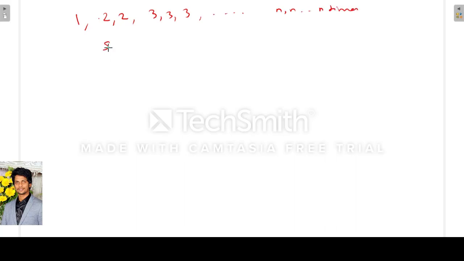First we have to find the sum. The sum is 1 plus 2 for 2 times, which is 4, plus 3 for 3 times, which is 9, and like that n for n times, so n square. This is nothing but the sum of squares of n natural numbers, which is n into n plus 1 into 2n plus 1 by 6.